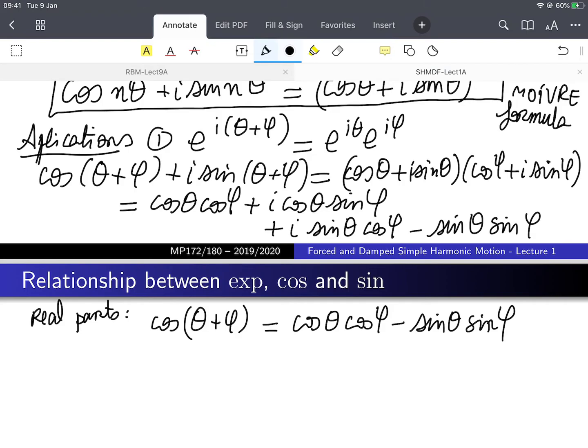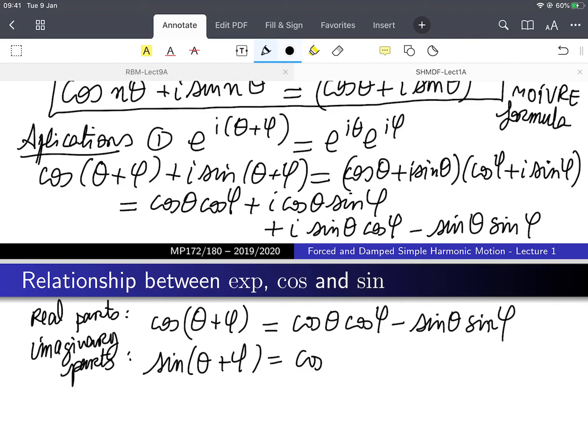And then the imaginary part, sine theta plus phi, is sine theta cos phi plus cos theta sine phi. So there you go.